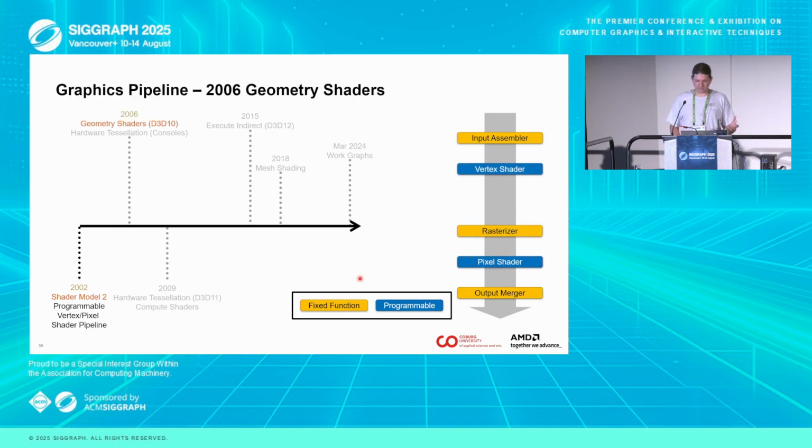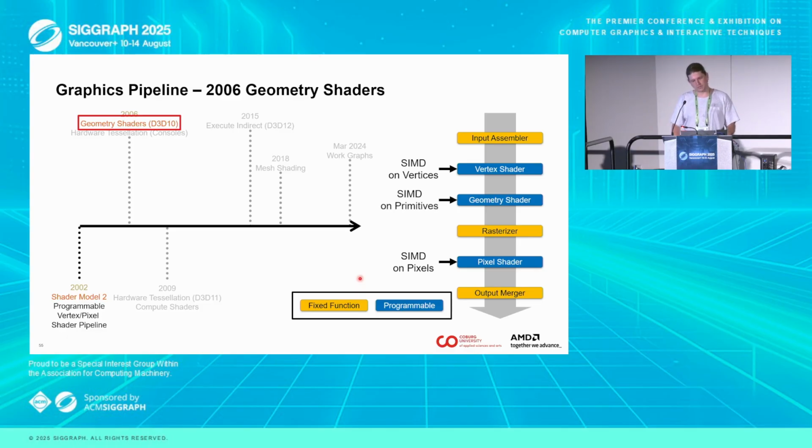And then people said, hey, why don't we just transform vertices and pixels? Why don't we just add other stuff on it? So we have SIMD for vertices and we have SIMD for pixels. Why not just have SIMD for geometry or for primitives? And this is where they came up with the idea of geometry shader.